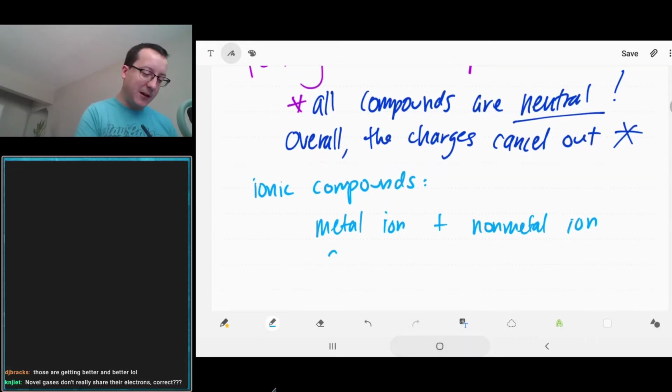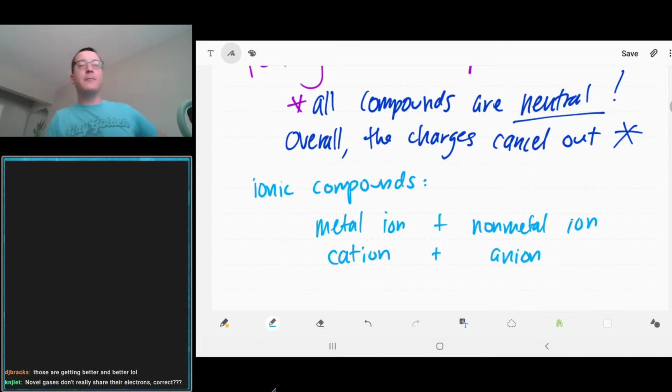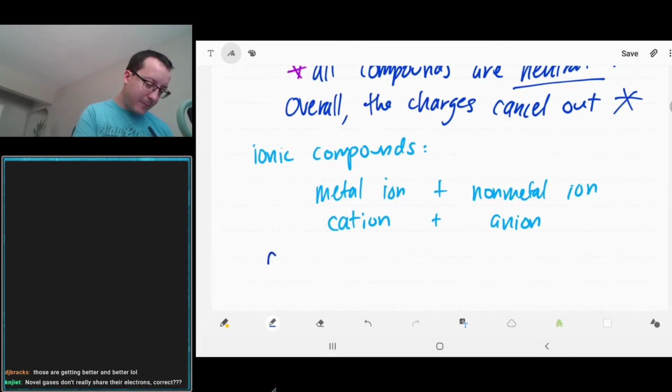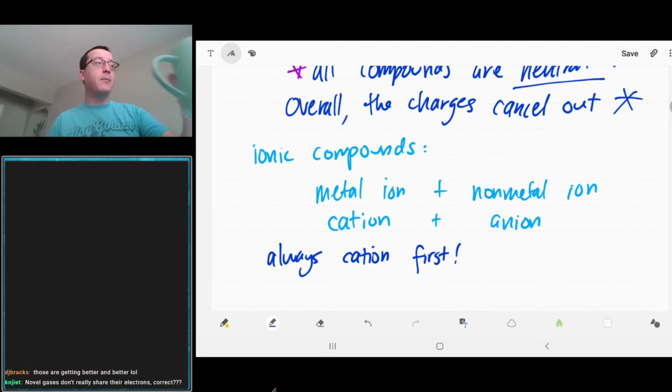Remember that typically your metal ion is the cation and your non-metal will be the anion. We always say the positive one first. Okay, so that's convention.